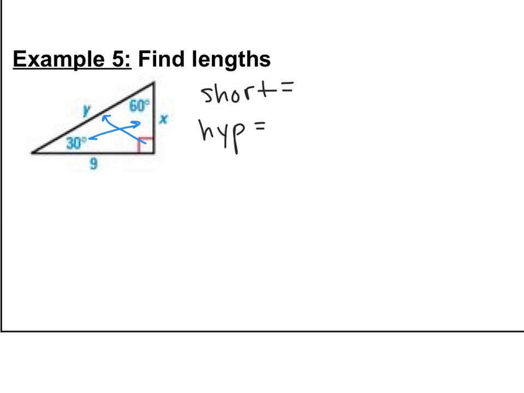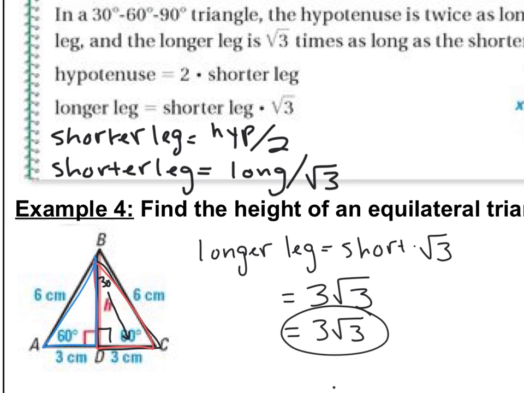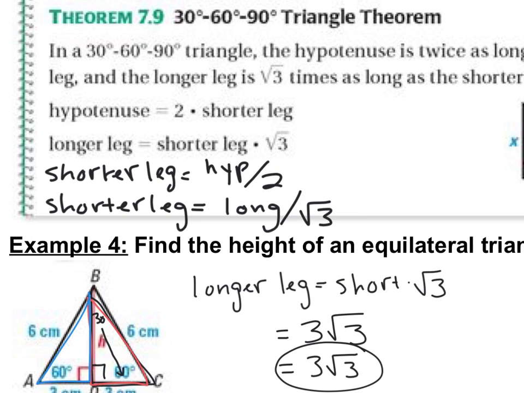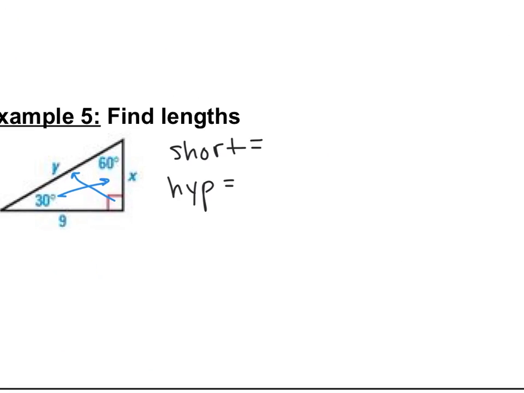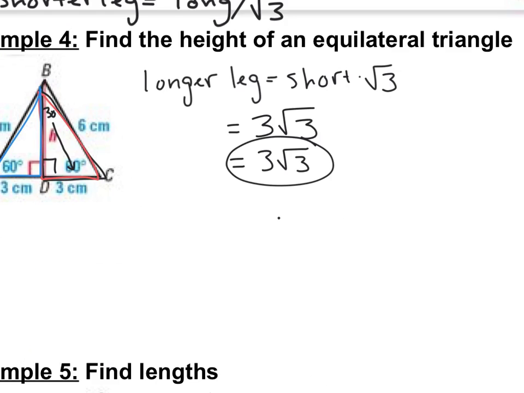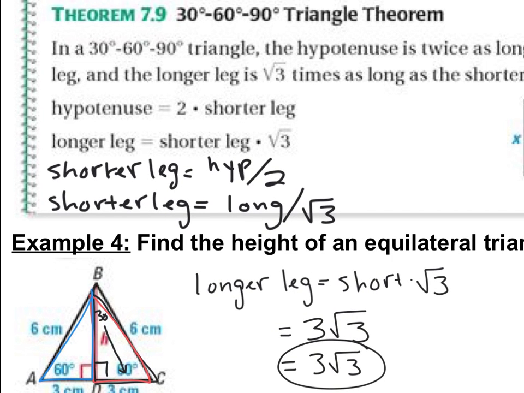Let's flash back up here to our formulas. The hypotenuse is 2 times the shorter leg. But notice here that we don't have the shorter leg, so we can't find the hypotenuse yet. So we have to find the shorter leg given the longer leg, and that formula is the longer leg divided by radical 3.